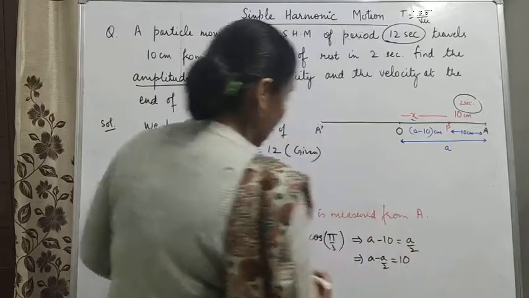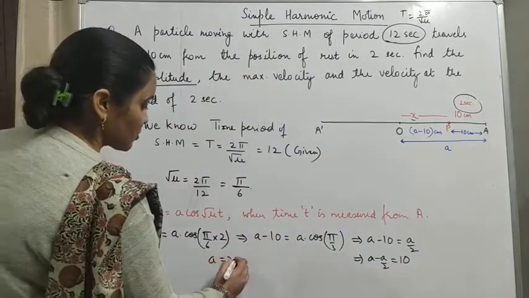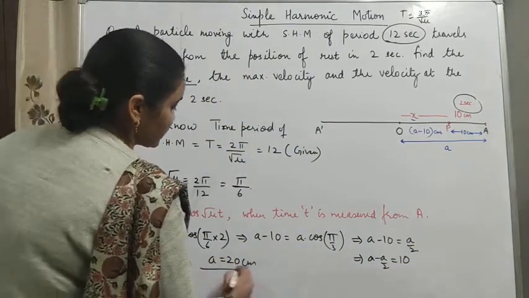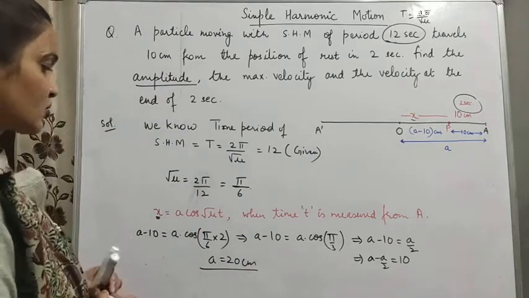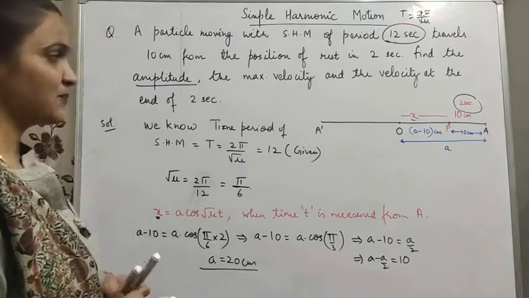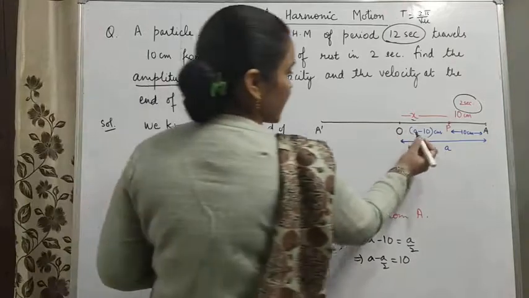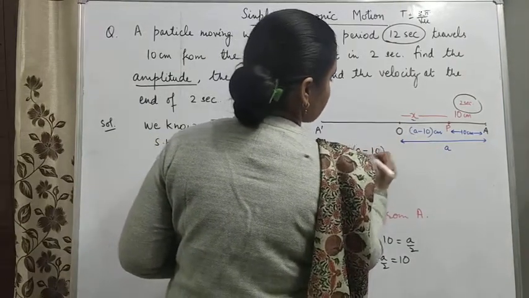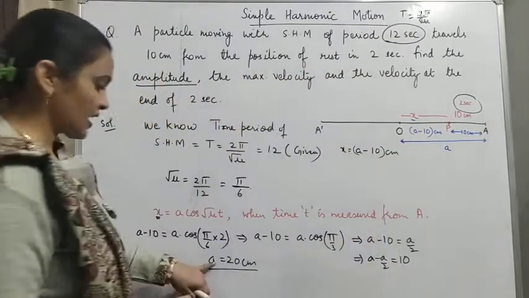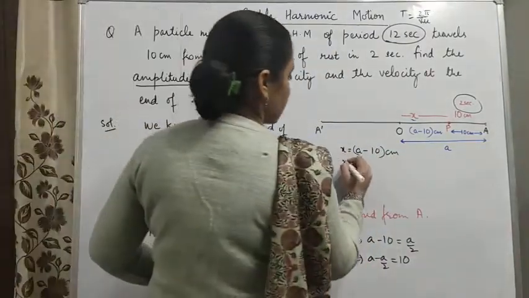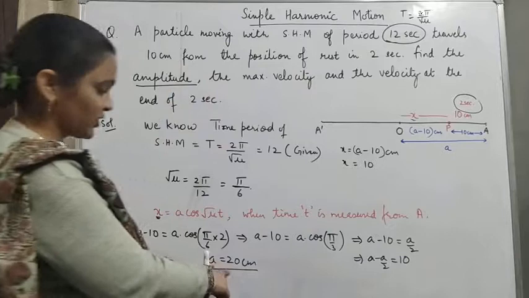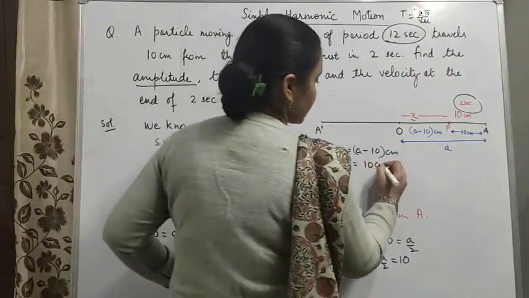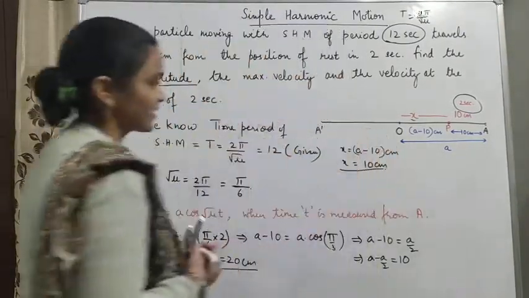So you will get amplitude as 20 centimeters. Okay? So you have the amplitude. Now what is the relation between X and amplitude? X is equal to A minus 10 centimeter. So how much is X? 10, because amplitude is 20. So X is 10 centimeter.